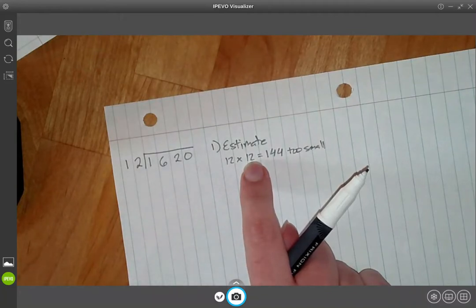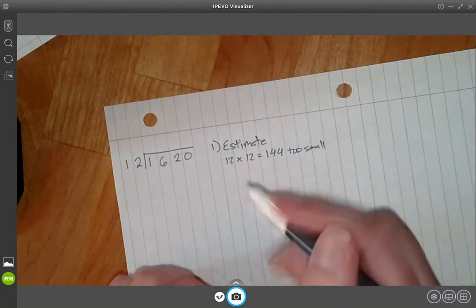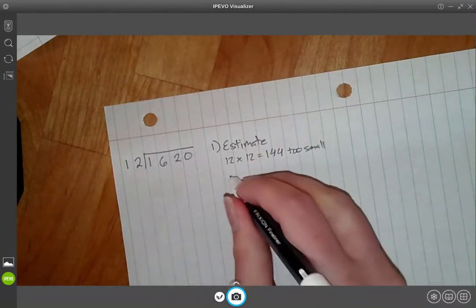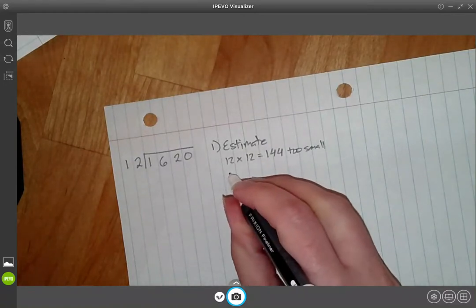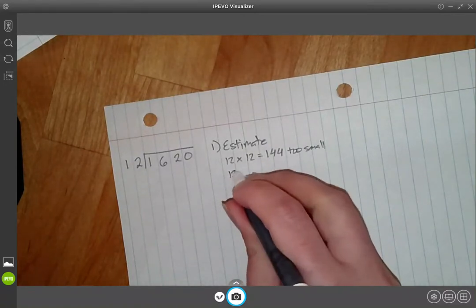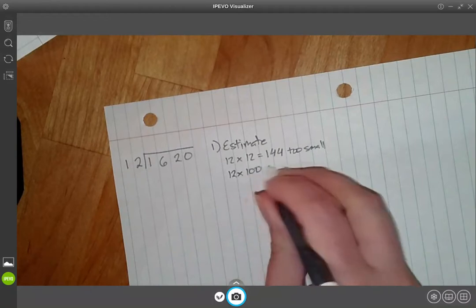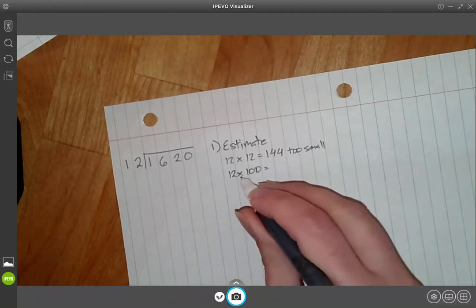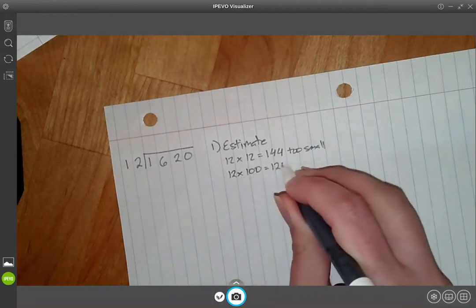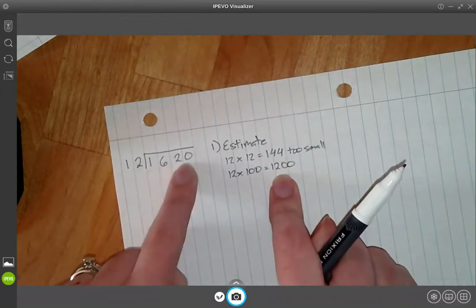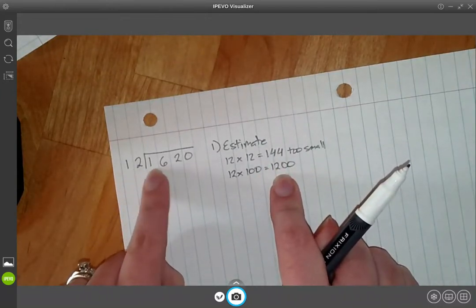So let's think about what might be too big. Well, I know if I multiply things by 100, then I get to add 2 zeros. So let's see. If I do 12 times 100, that would be 12 with 2 zeros. Okay, that's still smaller than my dividend.